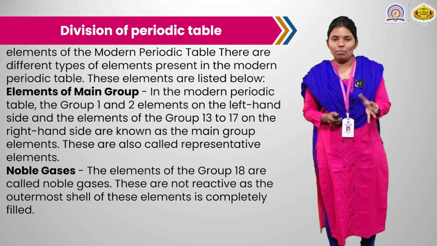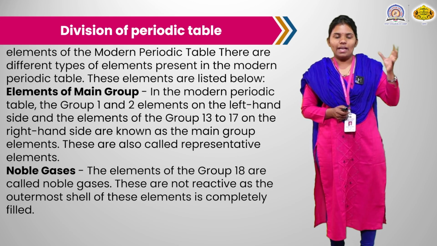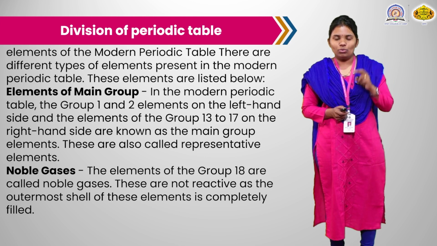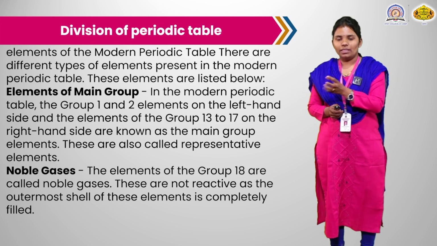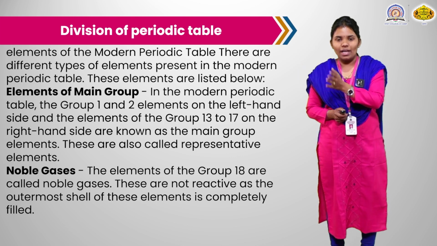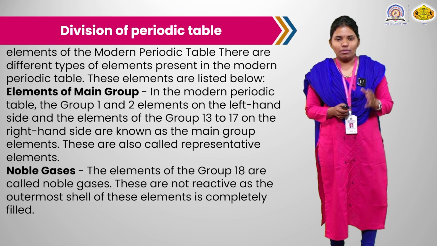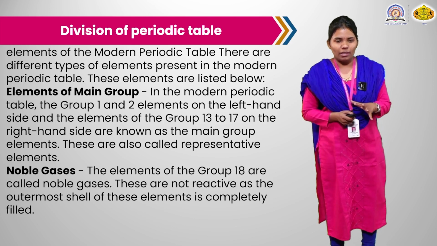Generally the s and p blocks are called representative elements, where the s block contains the two families, hydrogen and beryllium, and the p block contains the boron, carbon, nitrogen, oxygen, halogen and noble gas families. So from group 13 to 17 are the representative elements.